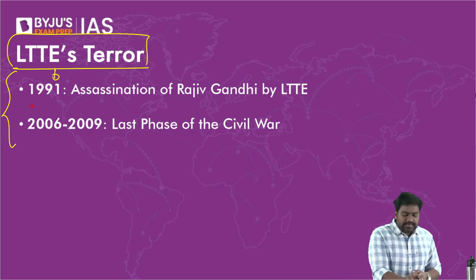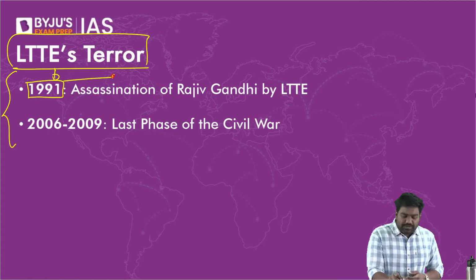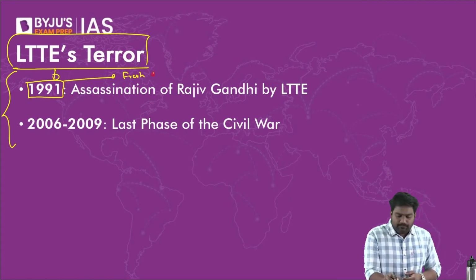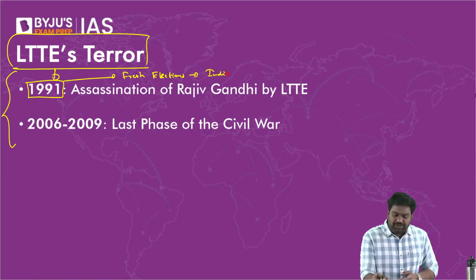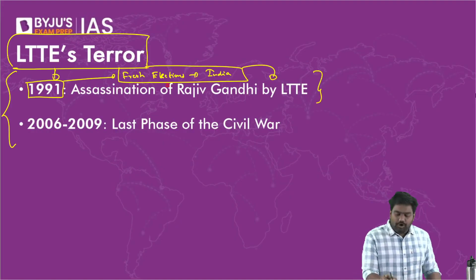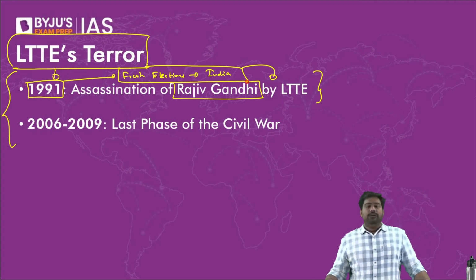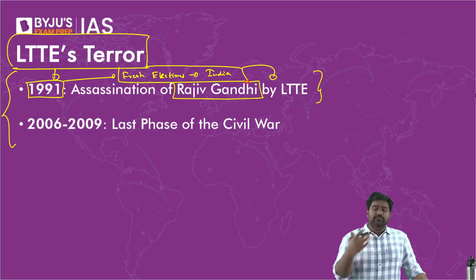So in 1991, fresh elections had been called in India. After the fall of these two coalition governments, fresh elections had been declared and the election campaign had begun. And this time, former Prime Minister Rajiv Gandhi had managed to rally more support from the public.